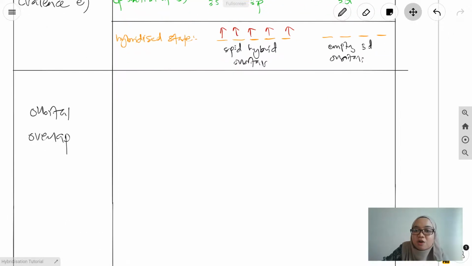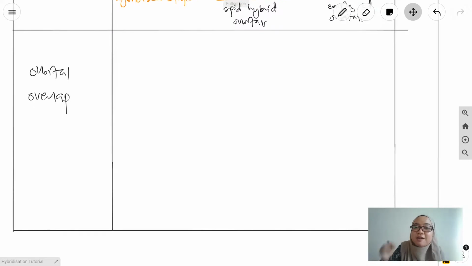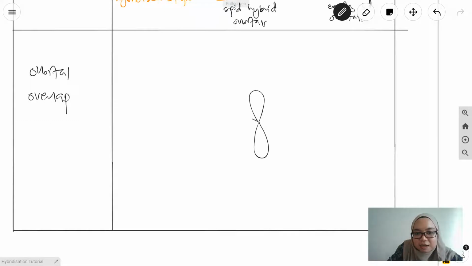Okay, how to draw? Since we know that the central atom has the sp3d hybrid orbitals, we know that the shape is trigonal bipyramidal. So trigonal bipyramidal has the shape of this. Okay, like this, and then this, and then this. Interesting shape.